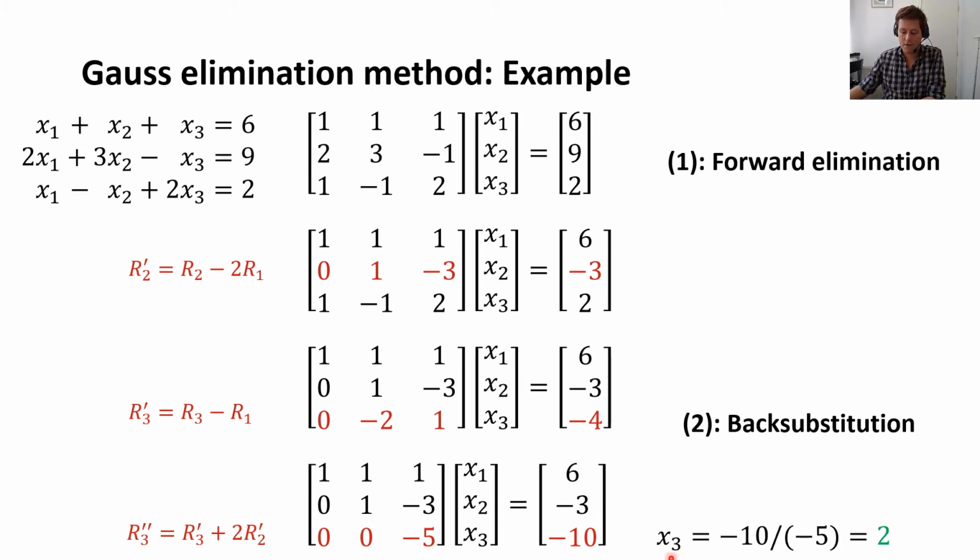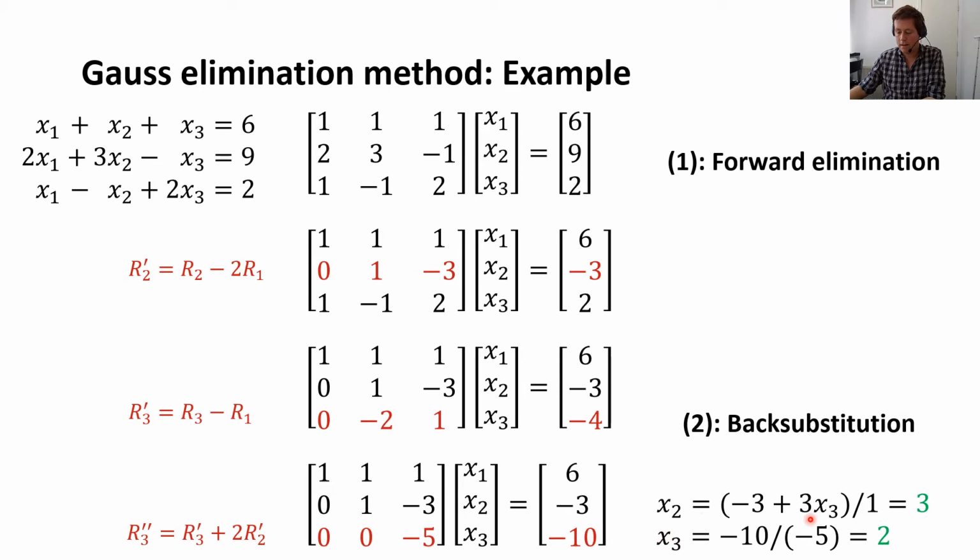So for back substitution, we start with the final equation. x3 is equal to minus 10 over minus 5, so that's equal to 2. This equation, we can make explicit for x2. That will be minus 3 plus 3 times x3 divided by 1, which is this diagonal coefficient.